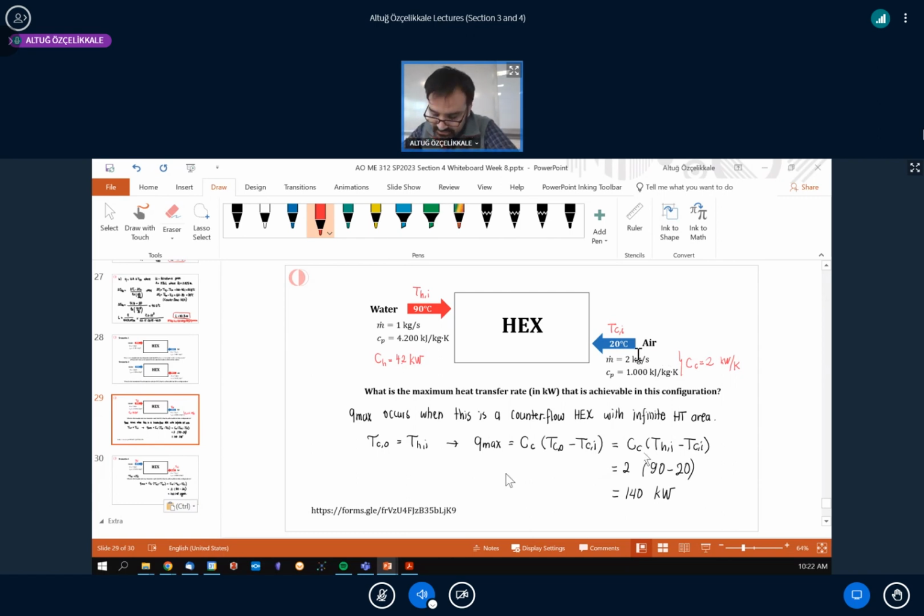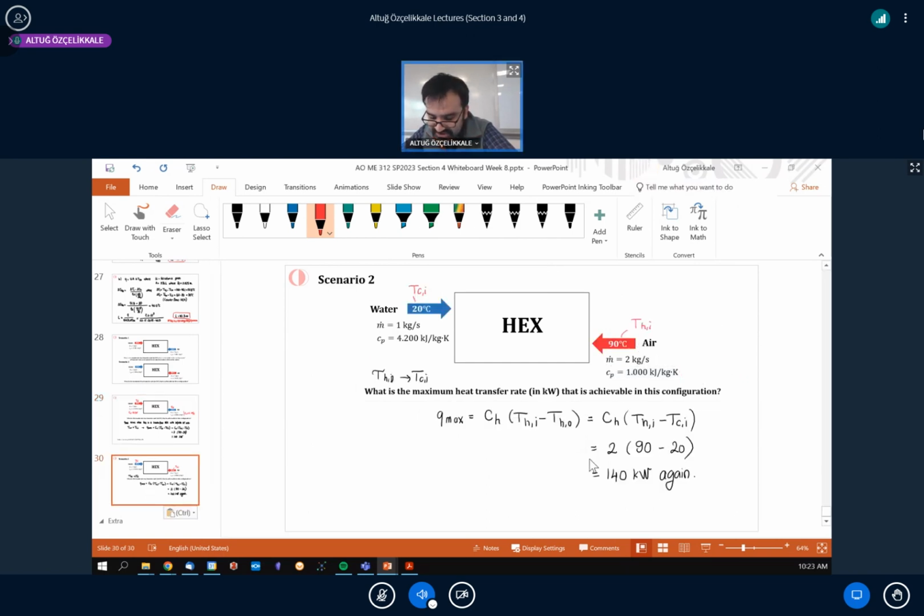That's exactly what your friends did. They reasoned: let's pick the minimum of those two and multiply it with the difference between the inlet temperatures of hot and cold fluid. Then they said, okay, the second scenario is different, but the result doesn't change.